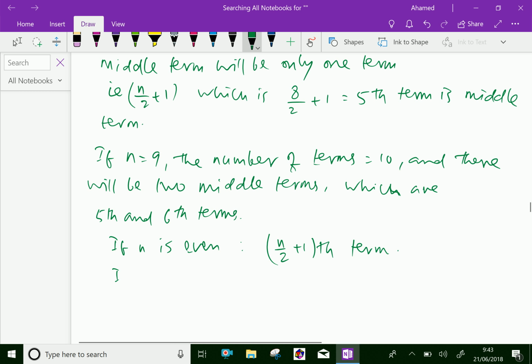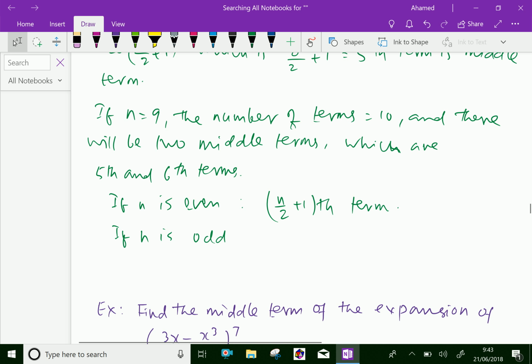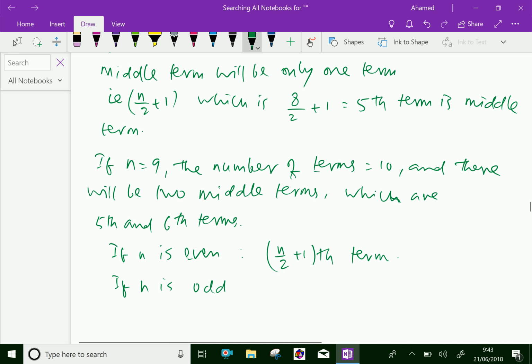If n is odd, there will be two middle terms. First is the n plus 1 by 2 th term. Next is the n plus 3 by 2 th term. There are two middle terms.